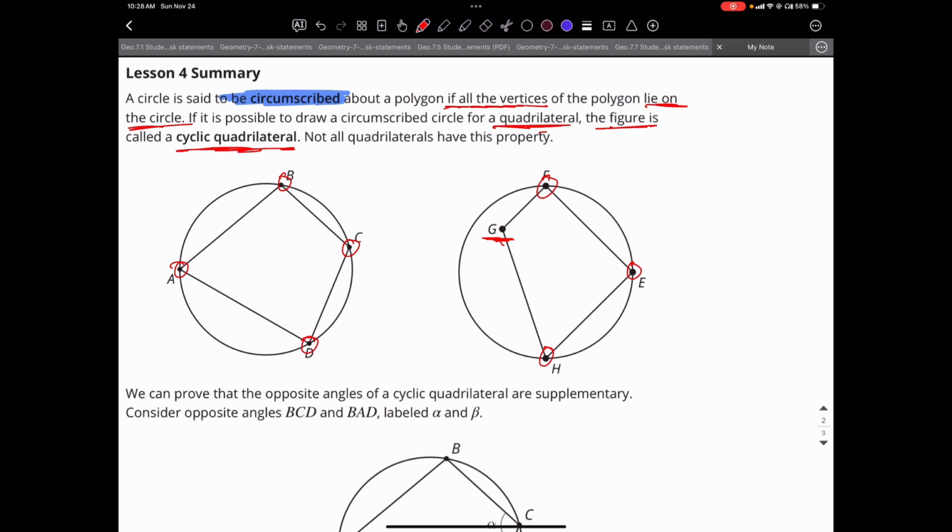Cyclic, cycle, circle, right? Not all quadrilaterals have this property. So if you can circumscribe a circle on a quadrilateral, it's considered to be cyclic. Okay? Not all of them can be done.